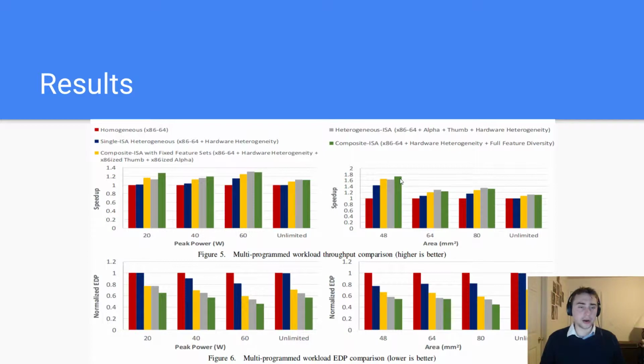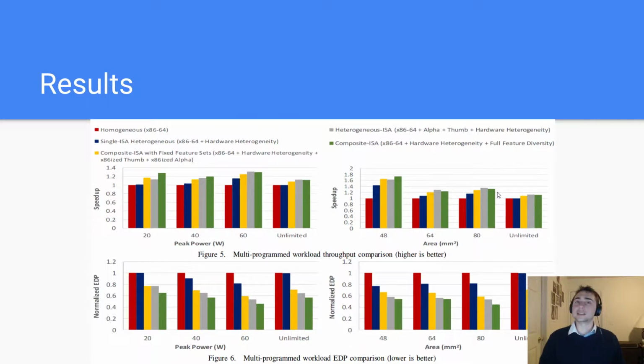And over here, the same case rings true. For the 48 millimeter squared area budget, they do better, but at 64 and 80, and an unlimited possible area budget, overall they do a little bit worse. But it's important to note that it's a fractional, negligible part worse.